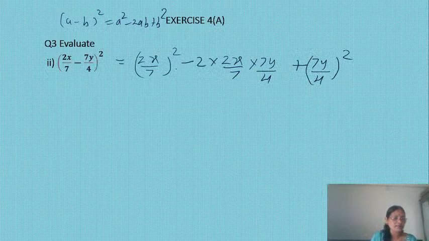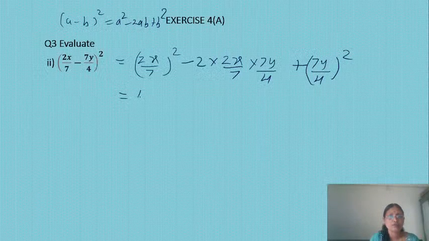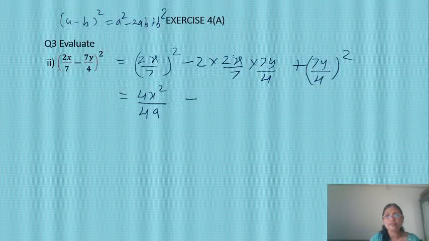What is the square of 2x? Square of 2 is 4, square of x is x square, square of 7 is 49. Minus, what happens with this? The 7 and 7 get cancelled. 7 ones are 7, we can divide. 2 ones are 2 and 2 twos are 4.